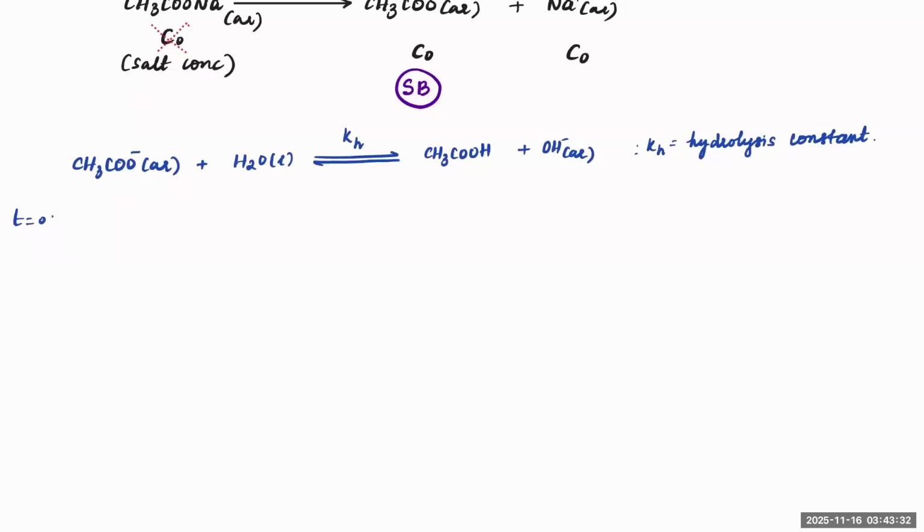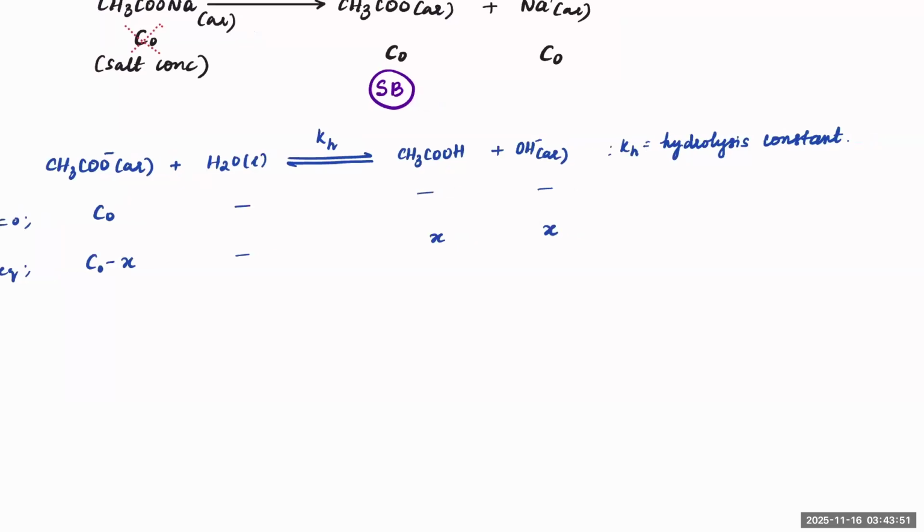Imagine initially we had C naught concentration before the hydrolysis happening. Now at equilibrium, from C naught some X amount has been lost. So what do we get? Here we will get X amount of acid and X amount of OH minus.